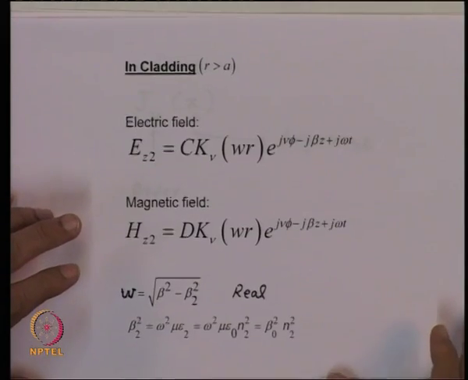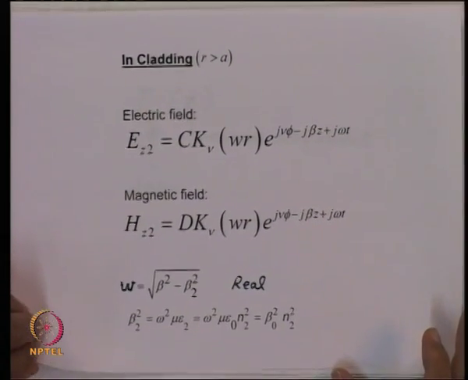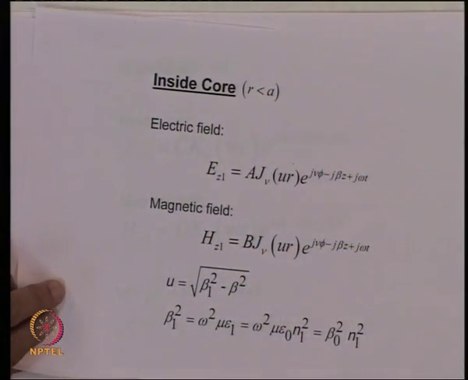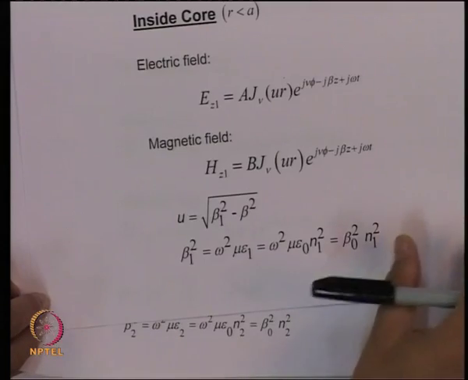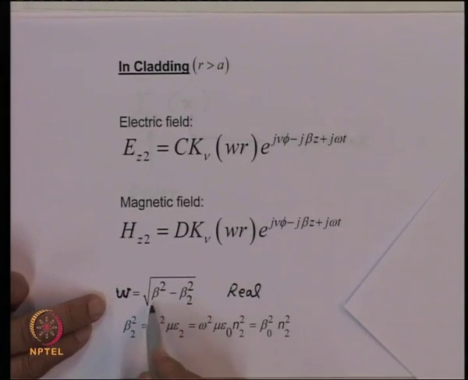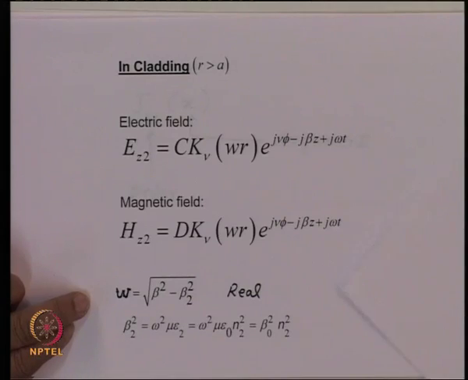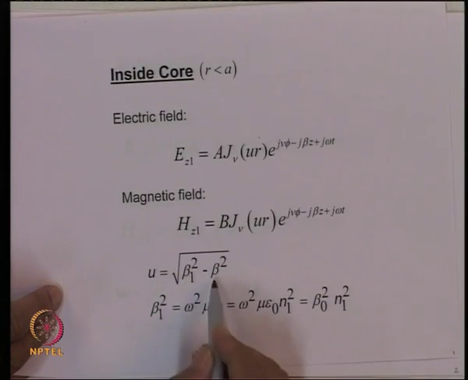So, by using my physical understanding, now I have defined the longitudinal components of electric and magnetic fields inside the core and cladding, and we have chosen the propagation constant beta in such a way that W is real and U is real. So, what essentially we are saying is that to make W real, beta should be greater than beta 2, and to make U real here, beta should be less than beta 1.